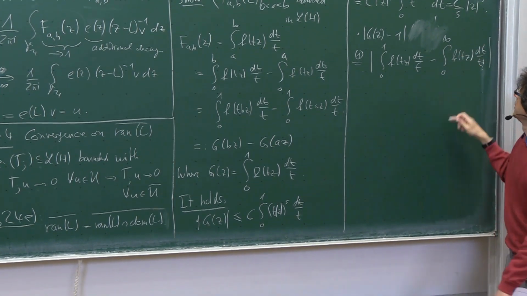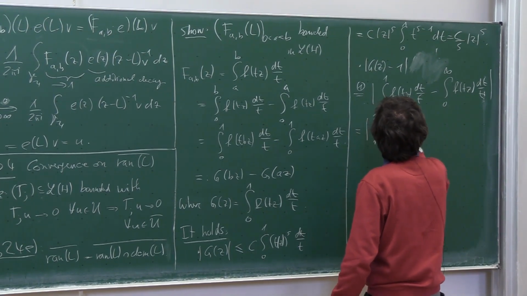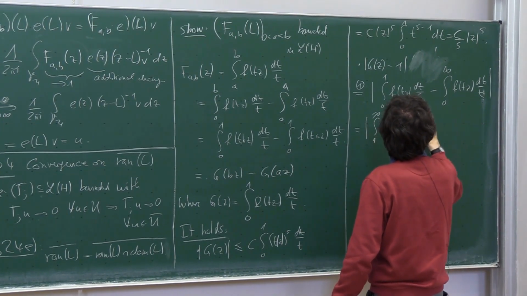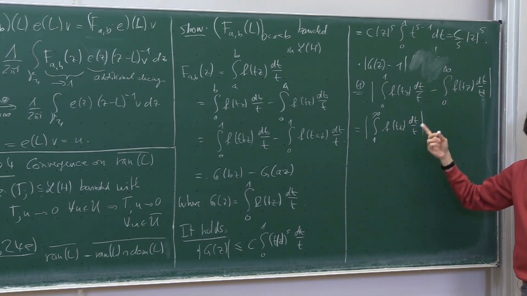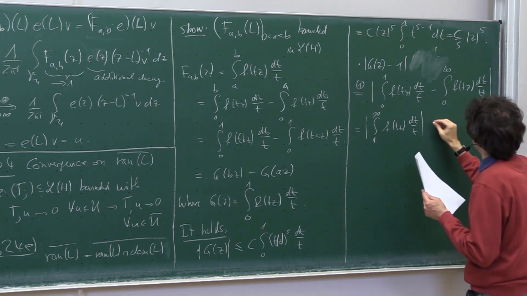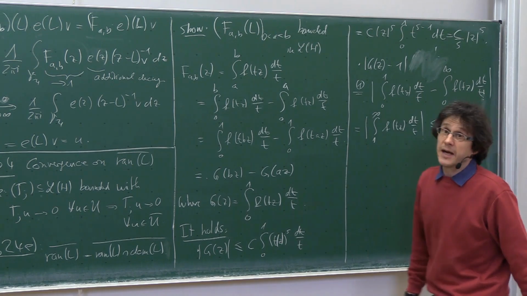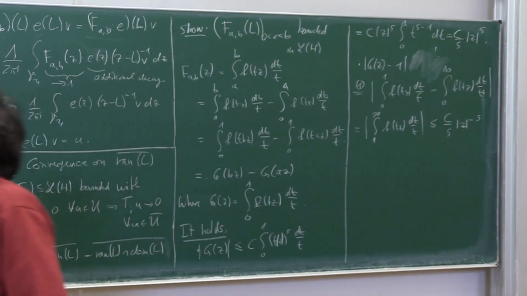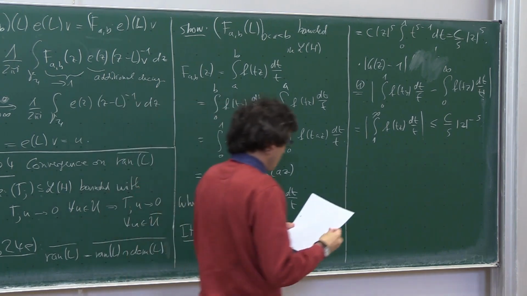Now you see this is the integral from 1 to infinity of f(tz) dt over t. Then you do the same thing: you estimate f by the polynomial decay at infinity and calculate the integrals. What remains is a constant over s times |z|^(-s). So you have a polynomial limit at infinity, and this polynomial limit is 1.